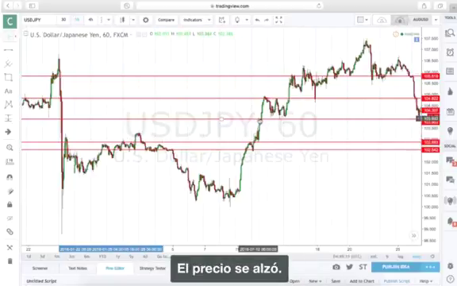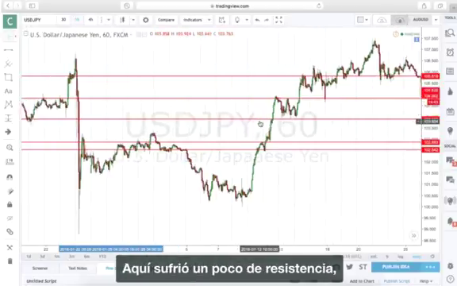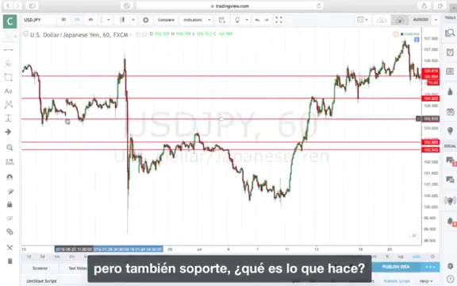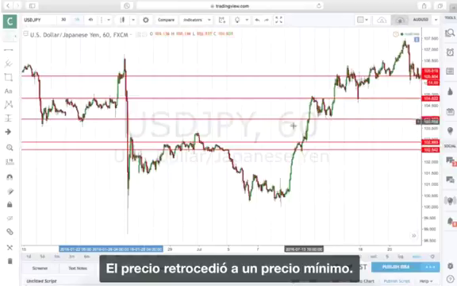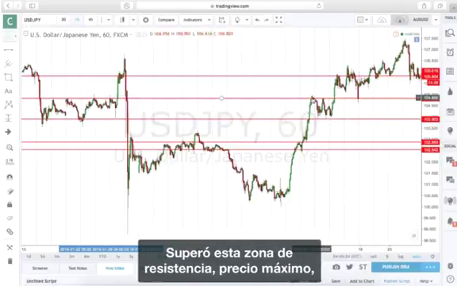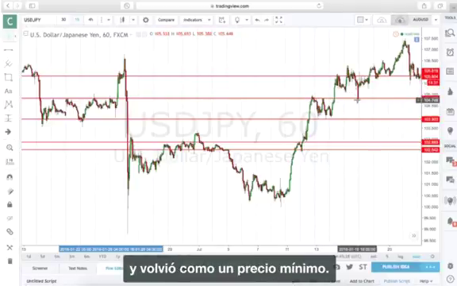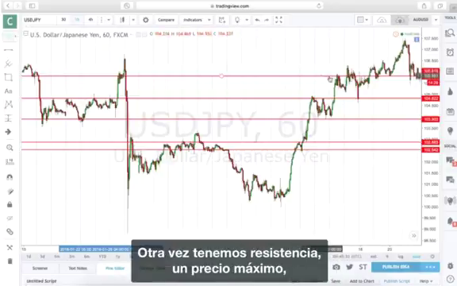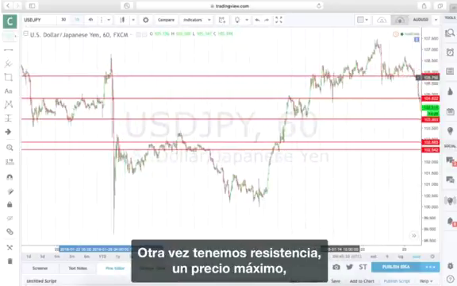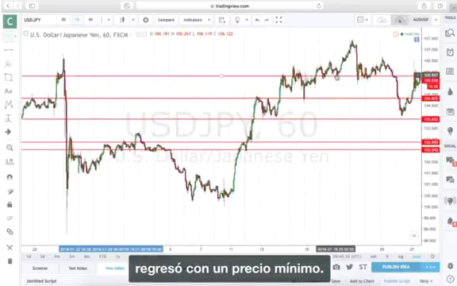Price broke above, even tested right here, made a little resistance, but also was support. Price came back and tested it as the floor. It broke above this area of resistance, the ceiling, and came back and tested as the floor.